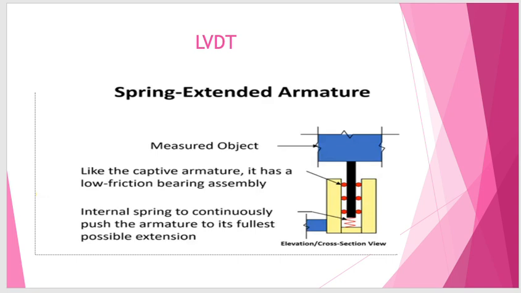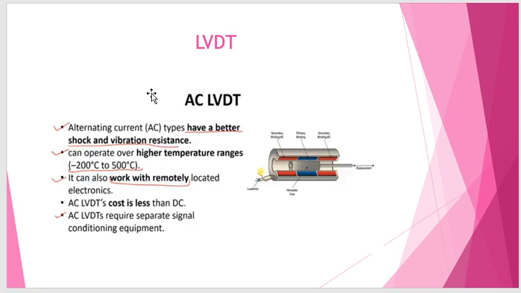Now regarding the types based on output, let's break down the AC LVDT and DC LVDT. First up, the AC LVDT, which has one input and one output. The cool thing about this is it has great resistance to shock and vibration. Plus, it can handle high temperatures ranging from 200 degrees Celsius to 500 degrees Celsius.